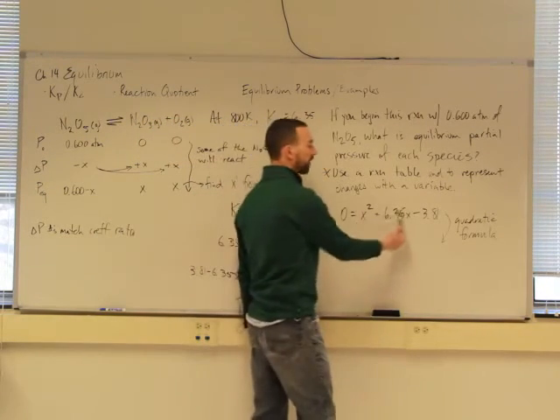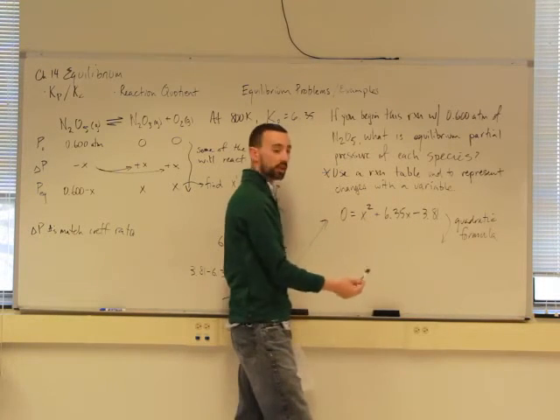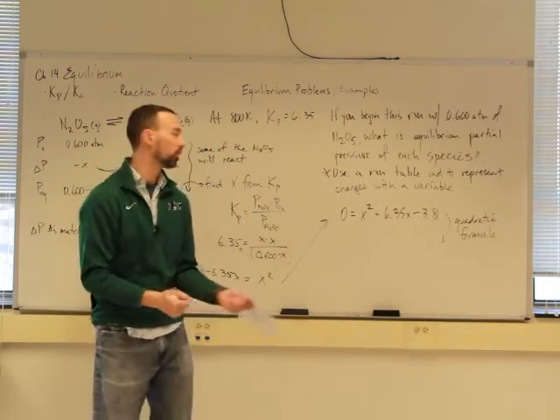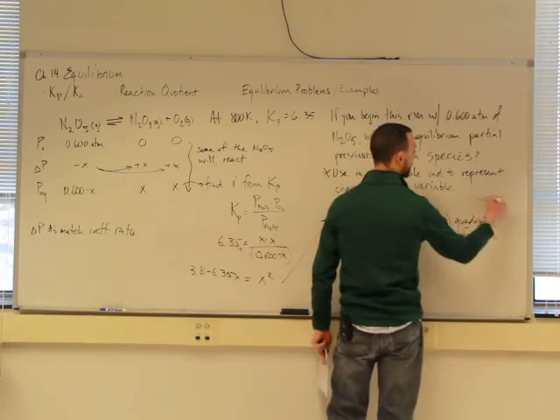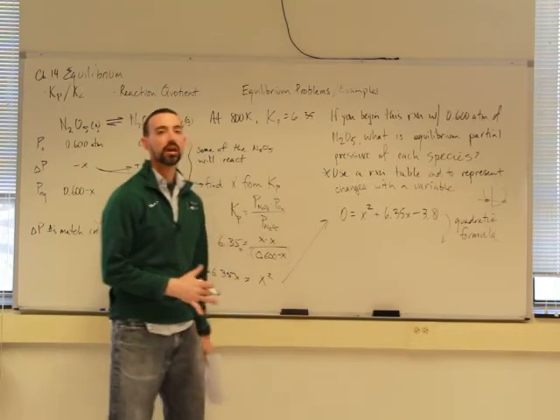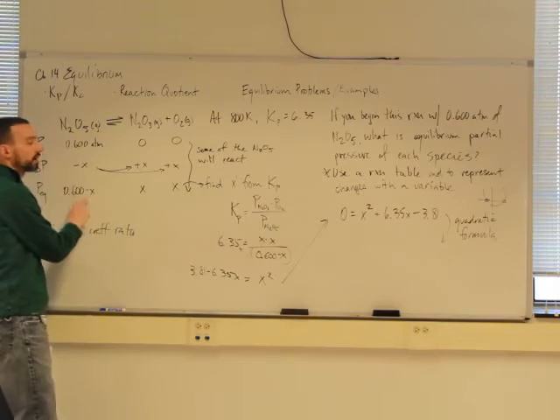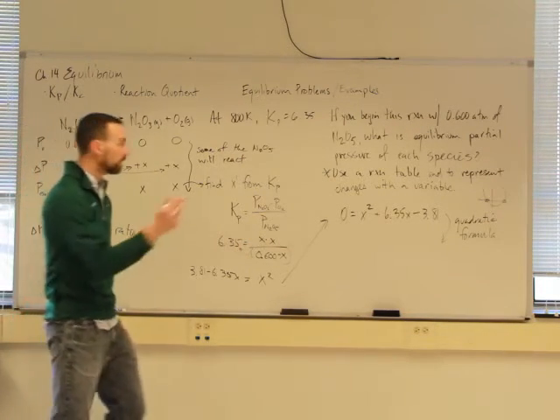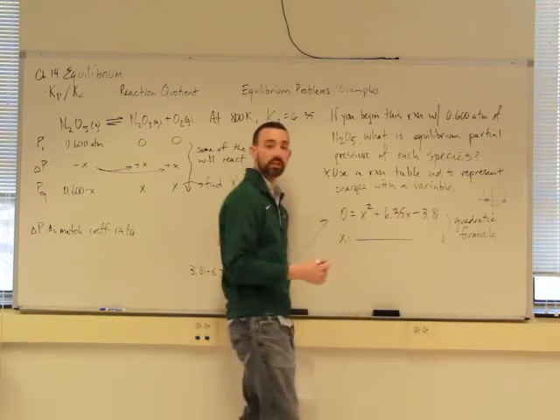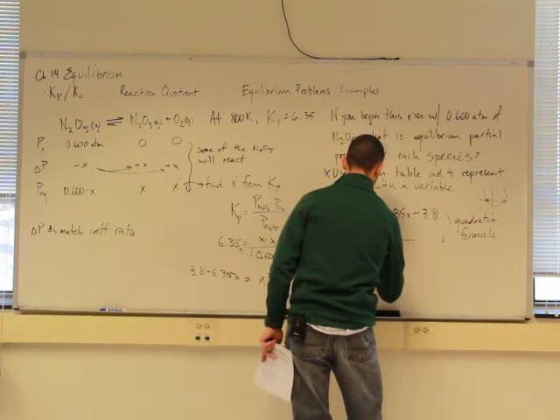There are two numbers for x that when I plug them in right here will make the right side equal 0, and this becomes a true statement. 0 equals 0 then. They're the roots of a polynomial. There's some graph here that we're trying to find those roots for. Yeah, this is all algebra at this point. So we kind of lapsed into an algebra mode so that we can get the answer to our question over here. Okay, so the quadratic formula, not something you need to have memorized, it's on your formula sheet. Some people have it pre-programmed into a calculator or something like that. That's all fine, but we need to be able to use it.